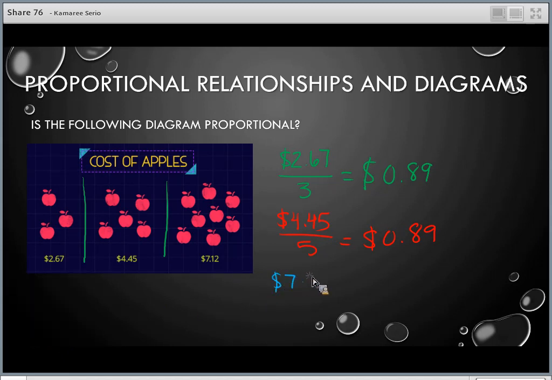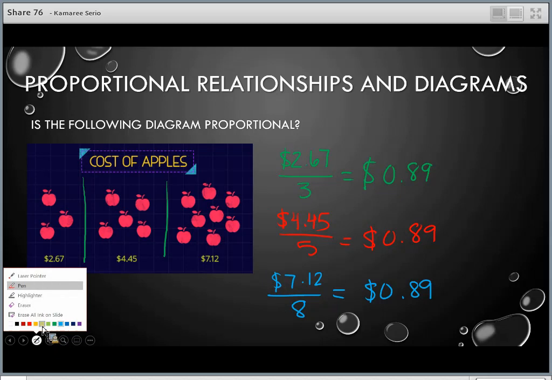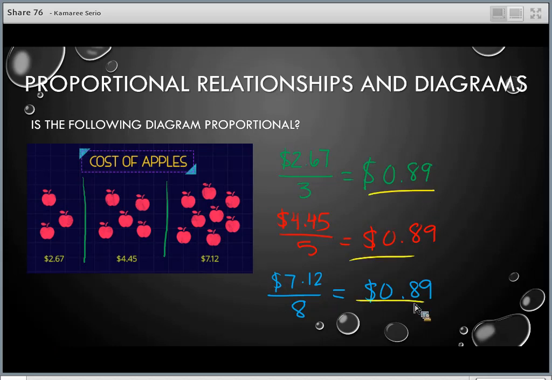Last one is $7.12 for every 1, 2, 3, 4, 5, 6, 7, 8. I just wanted to double count. 8. So 7.12 divided by 8. And I also get 89 cents. So since all 3 of my unit rates here are the same, that means yes, this table is proportional.